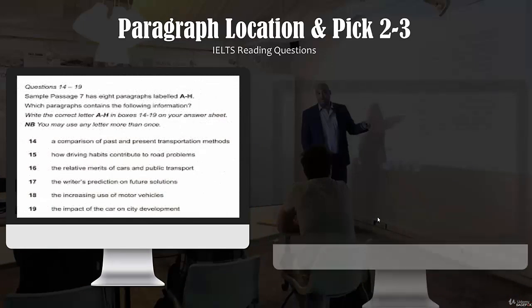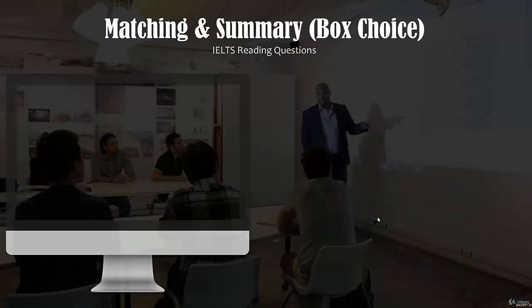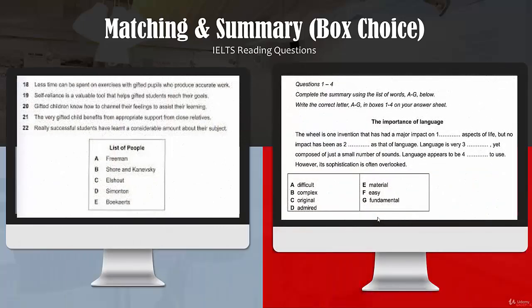Then we have a paragraph location question, very challenging question here. And then we have the pick 2, 3, like I said, it could be pick 4, pick 5 from a list. And then we have the matching question, which normally appears on the real exam.